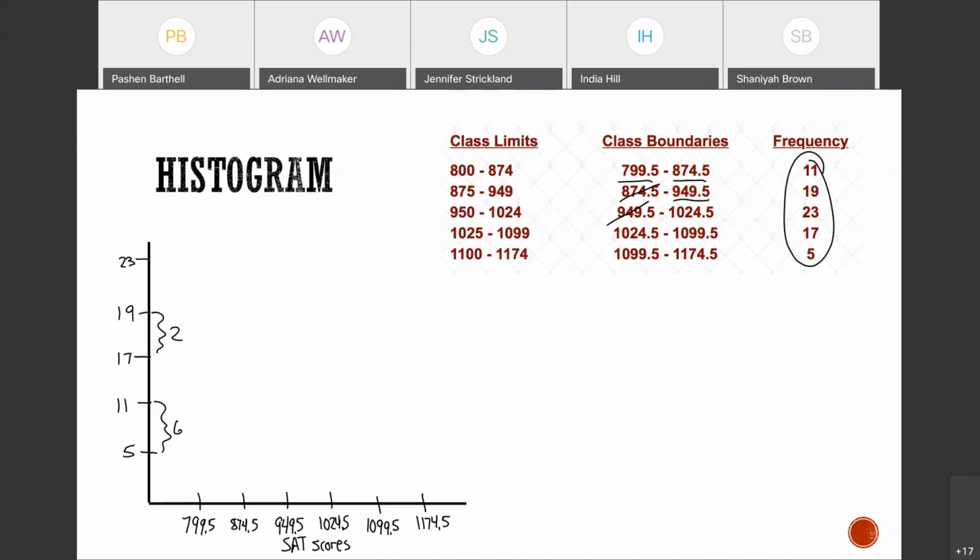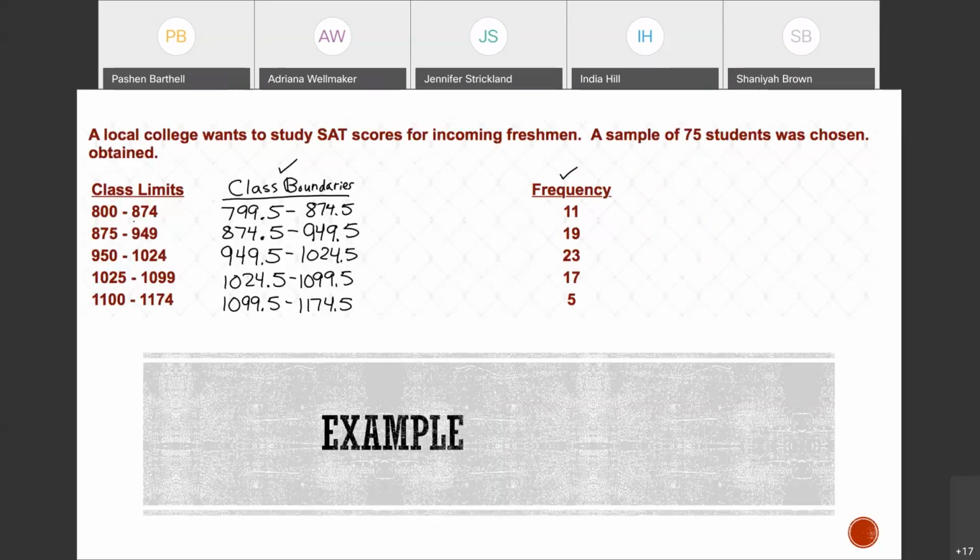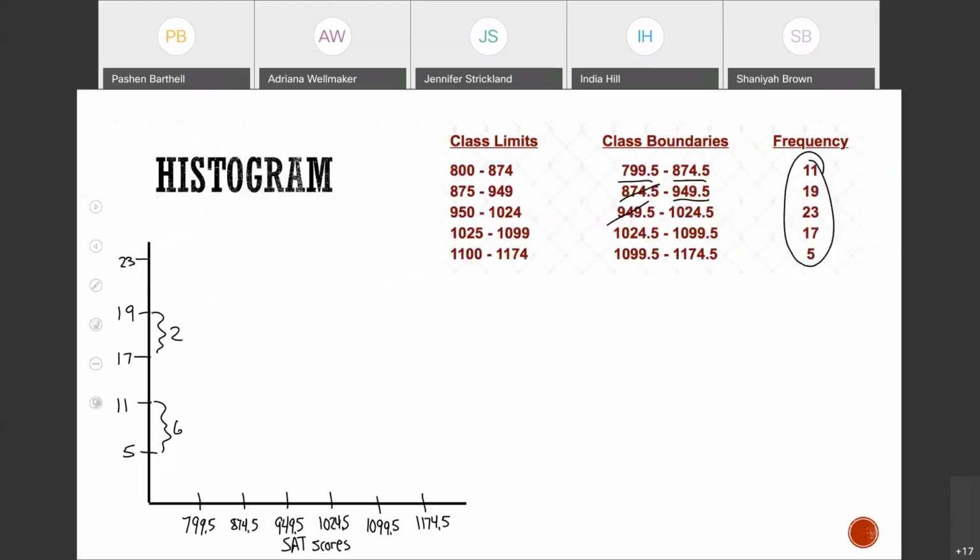Yes, because these limits that we have right here, they're equally spaced. Remember how we set that up, we talked about that on Wednesday, how every class had to have the same width. So if your limits are equally spaced, your boundaries are equally spaced. So that's not a problem, but the frequency, you can't do it like this.